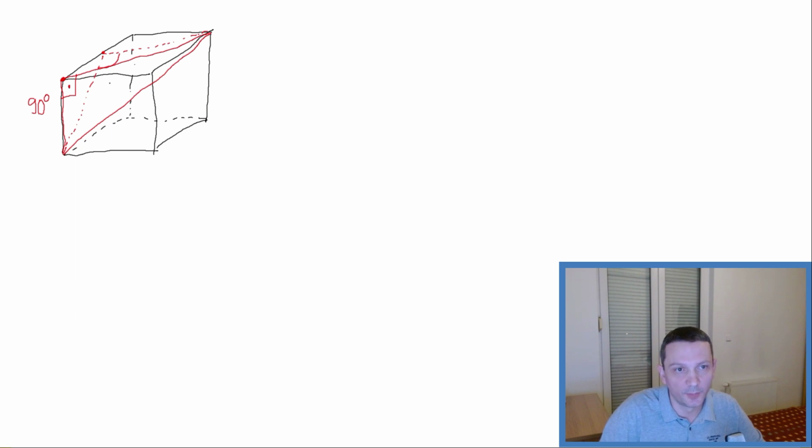Okay, so we will prove that any other angle is actually greater than 90 degrees, or an obtuse angle. So this one will be an obtuse angle. So we will prove that actually it is not possible to obtain a pointed angle.